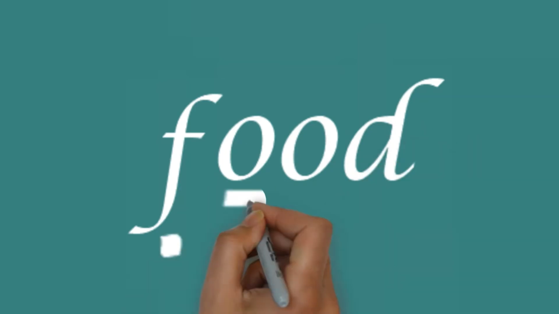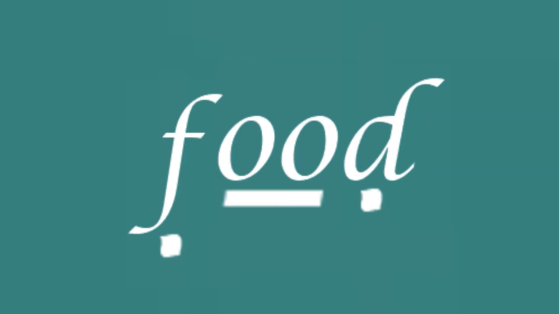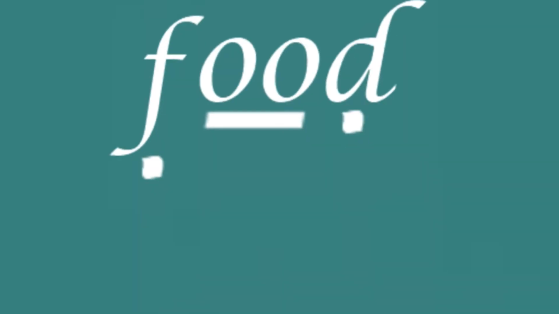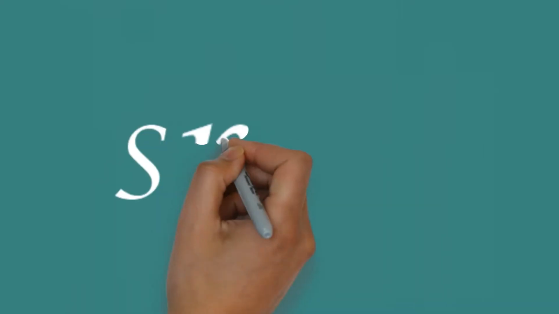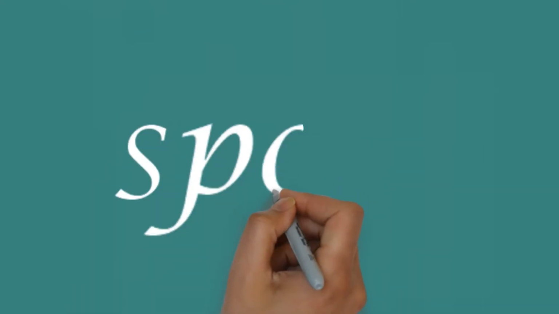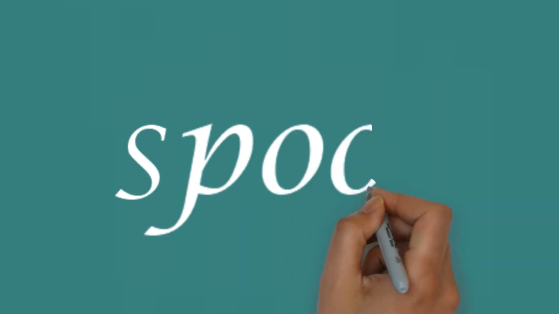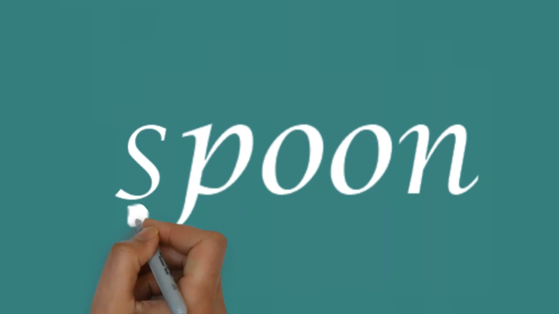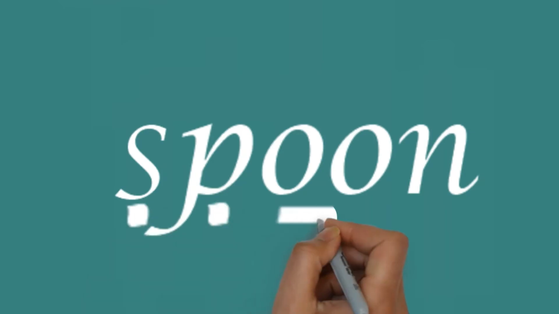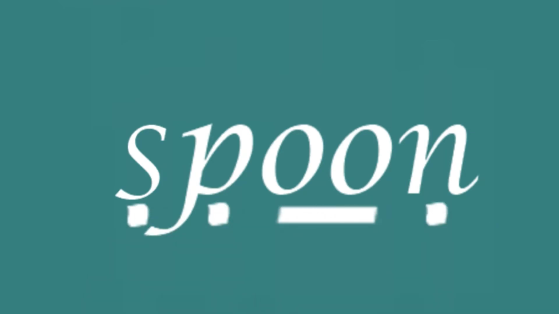F, OO, d. Food. Let's move on to spoon. S, p, OO, and n. S, p, OO, n. Spoon.